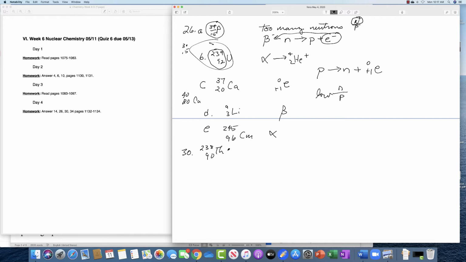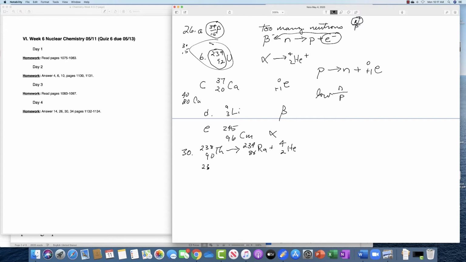First of all, you go from thorium and give up an alpha particle. That reduces this to 228 and this to 88. If we look in the periodic table, what is the element with atomic number 88? We find radium. So radium is the first product. That's the first alpha particle.